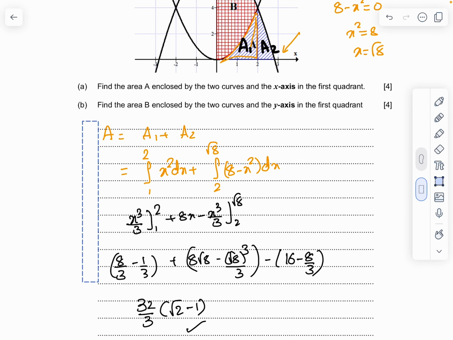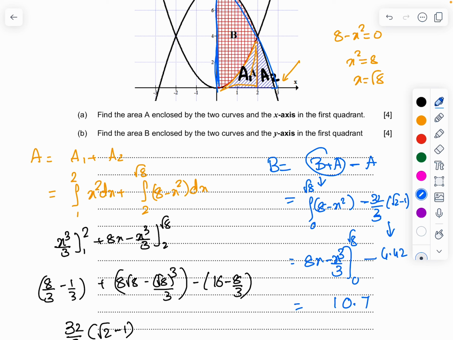The value of A we just got is 32 upon 3 root 2 minus 1. Now 8x minus x cube by 3 from 0 to root 8, minus this value, which is 4.42. Simplify this entire value and you should get approximately 10.7.